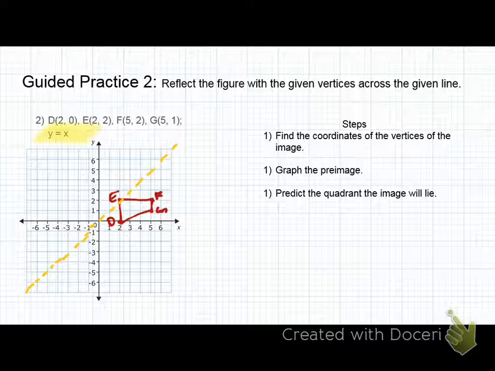So your D prime is going to be 0, 2. E prime is actually the same point as E. Did you all notice that? And then your F prime is going to be not 5, 2, but 2, 5. And then G prime is going to be 1, 5. Draw your picture, and it looks like the exact same thing. Okay? And that's it. So super easy.